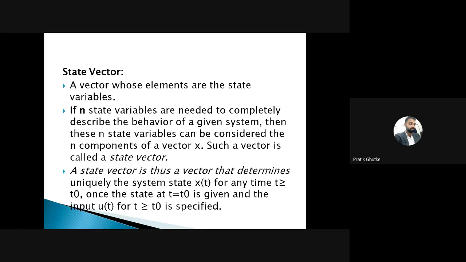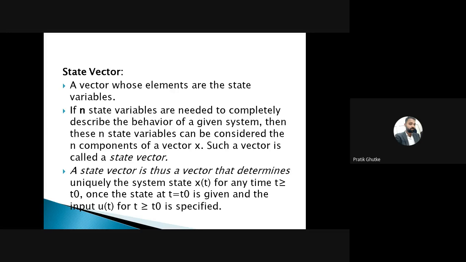And then a state vector is thus a vector which uniquely determines the system state, that is x of t, for any time t greater than or equal to t0, once the state at t equals t0 is given, and the input u of t for t greater than t0 is specified. So this is the definition for state vector. So keep that in mind, or take a screenshot or note it down. The definition for the state vector.